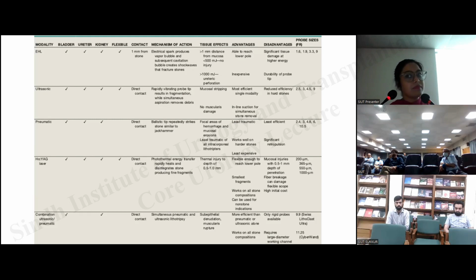Ways to avoid the retropulsion depend on the stone. If the stone is located in the distal ureter, good control of water or normal saline can avoid the retropulsion. Number two, you can also pass a jelly behind the stone. You can use a Dormia basket to avoid the retropulsion, and also raise the head side.